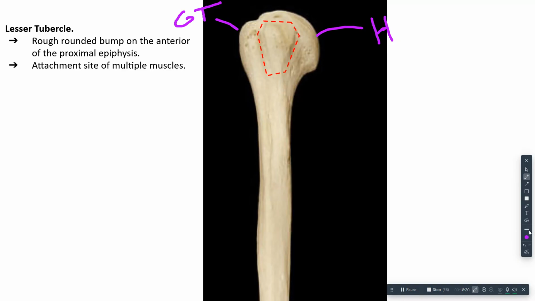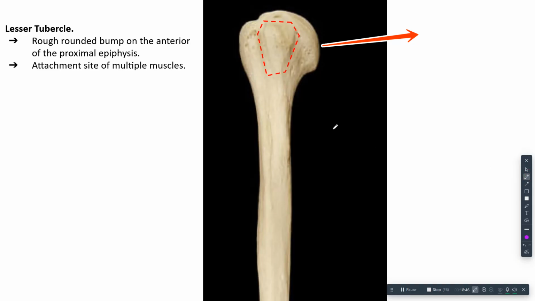Now, by the way, when we see that lesser tubercle, and we know this is the front, we ask ourselves, as we stare at this humerus, whether it's in the picture here on your screen, or on a bone in front of you, which way the head is pointing. The head is on the right.